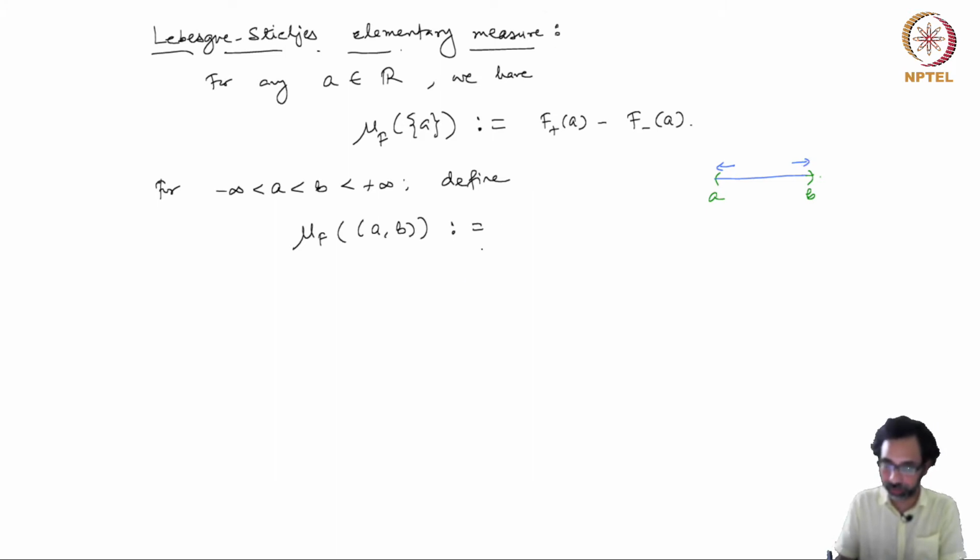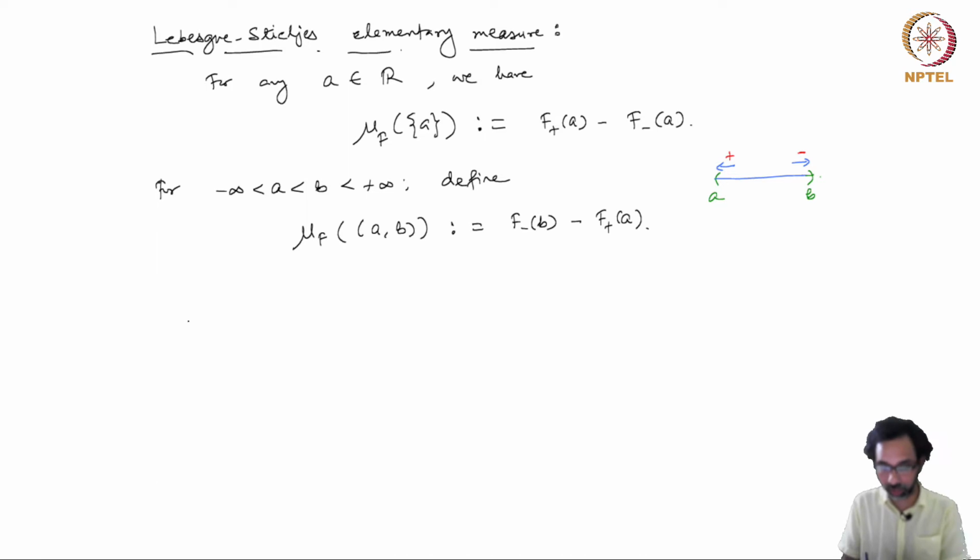So this Lebesgue-Stieltjes elementary measure is given by f minus b, because we are approaching it from the lower values of b, and we are approaching it from the higher values of a, so there should be a plus sign, and so minus f plus a. So this is the formula for the Lebesgue-Stieltjes elementary measure for an open interval.